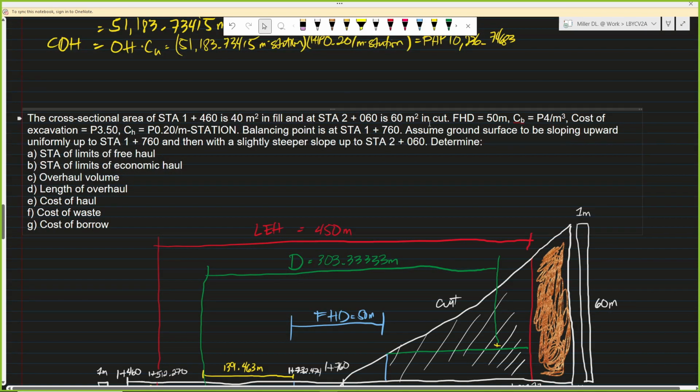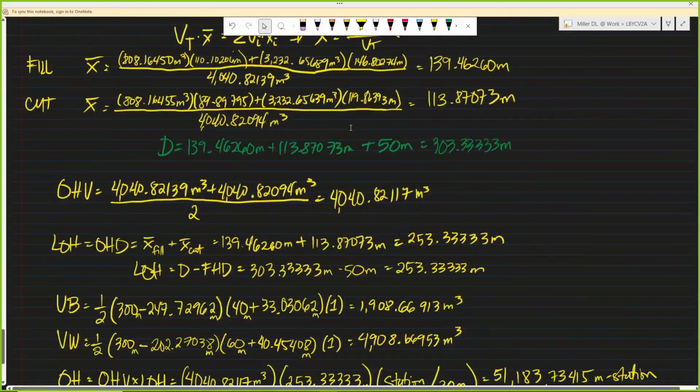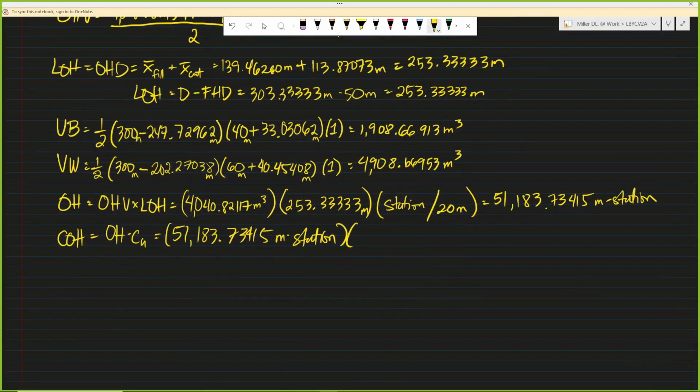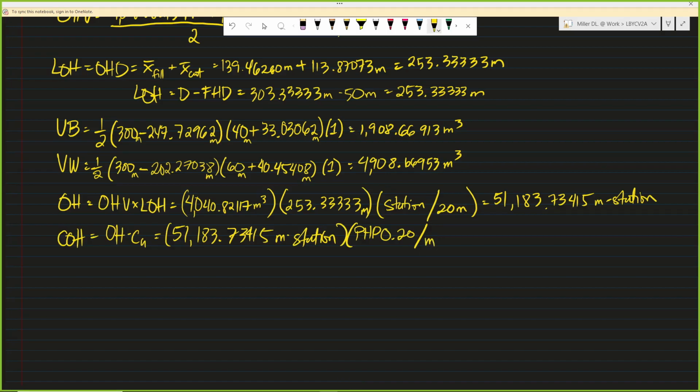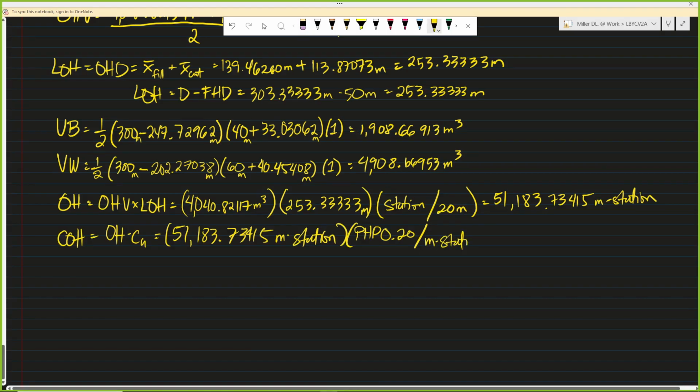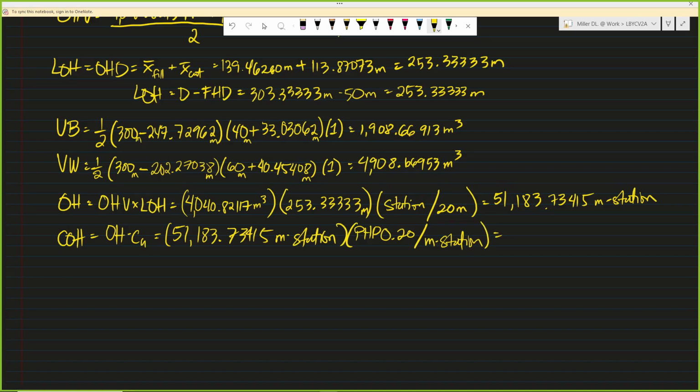Tama ba? Nasaan si 0.2? Ito, 0.2 per meter station. Okay, kindly compute what would be the cost of haul.